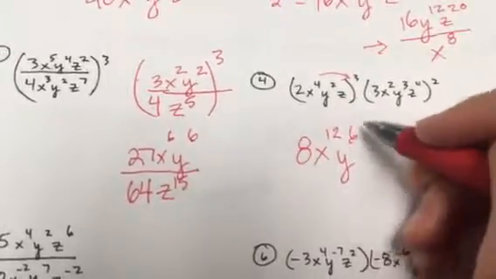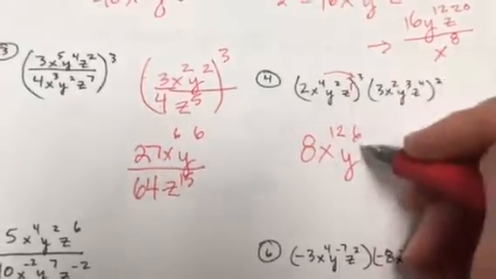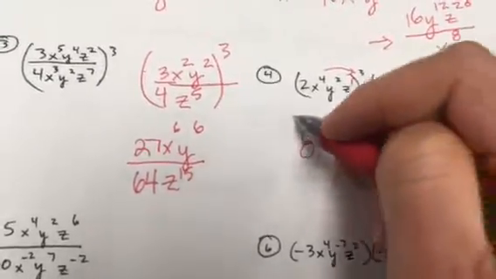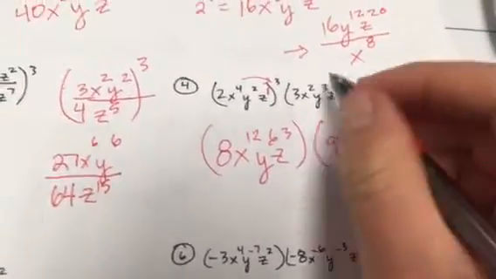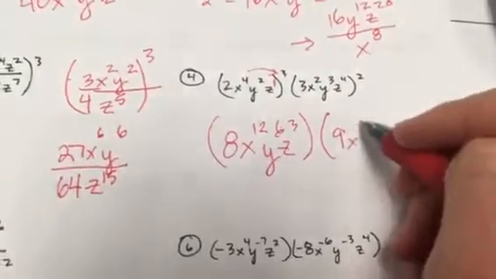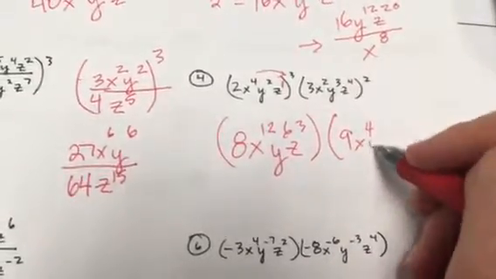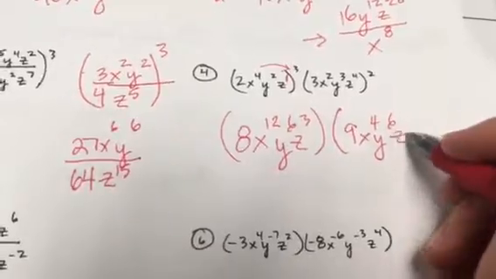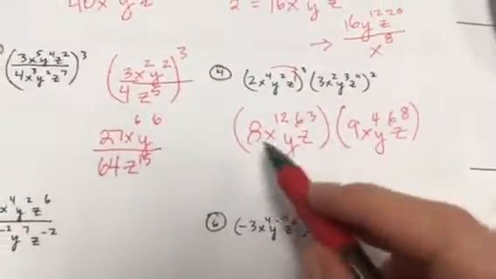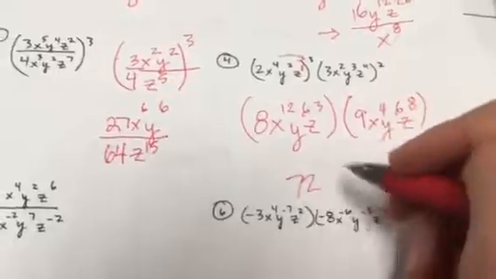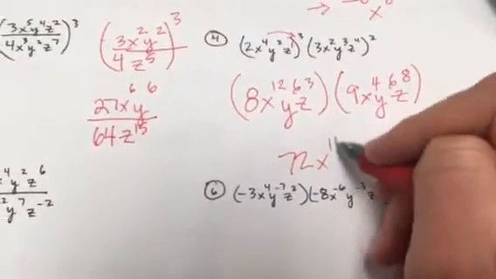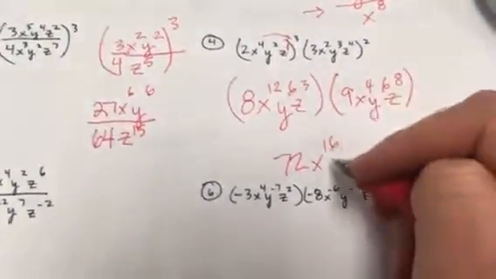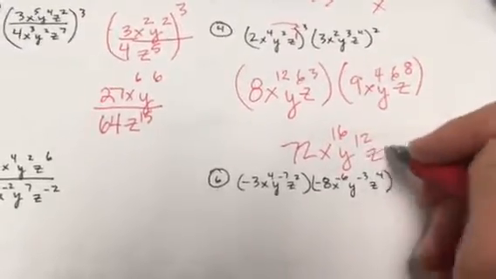Then you have y to the 6, and that's really y to the 1st. 1 times 3 is 3, and you're going to multiply this by 3 squared is 9. 2 times 2 to the 4th. 3 times 2 to the 6th, and then z to the 4 times 2, 8. 8 times 9 is going to give you 72. Then you have x to the 12 times 4, 16. It really becomes like number 1 there. All right, so you're going to have x to the 16th, add the exponents with the y's, y to the 12th, and then z to the 11th.